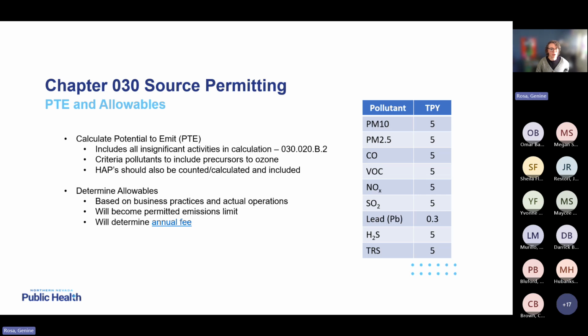HAPs should also be counted, calculated and included, even though they're not on here, as we don't have a permitting threshold for those. These are the thresholds that I believe we discussed at workshop number 2, on determining your applicability for permitting with us for a minor source permit. Again, minor source only.